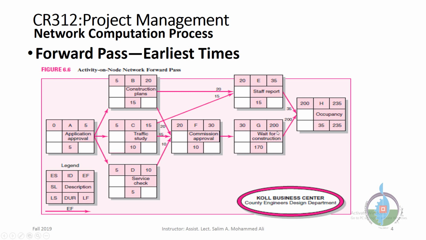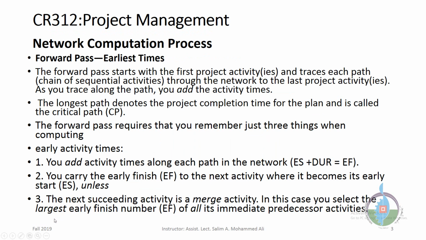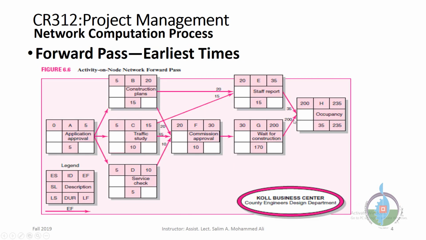And we now have activity H, which is a merge activity as well. We have two early finish values, 35 and 200. As the rule says, you have to select the largest early finish, which here is 200. So H will start at 200. It means that H will start after 200 days from the beginning of the project.